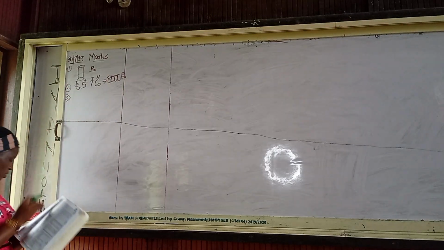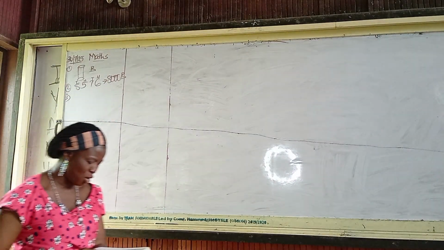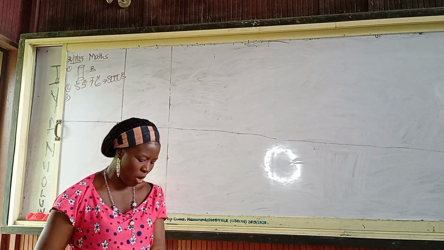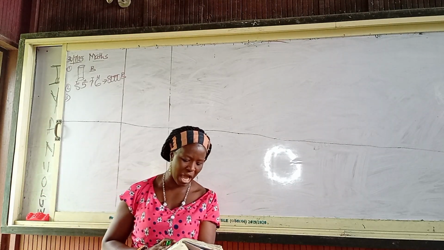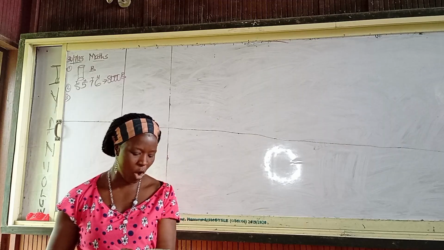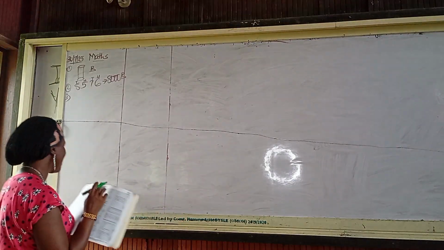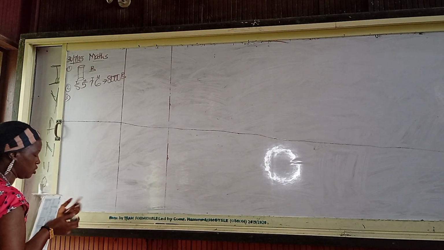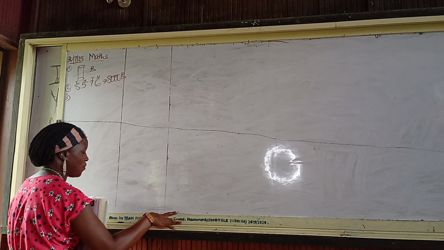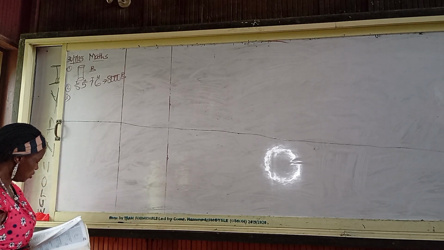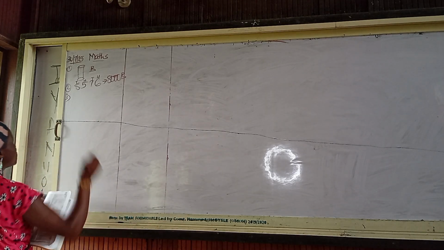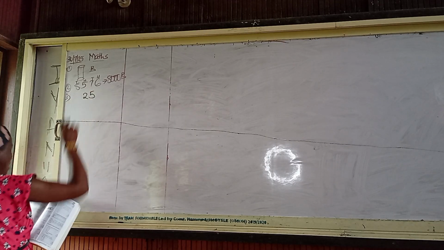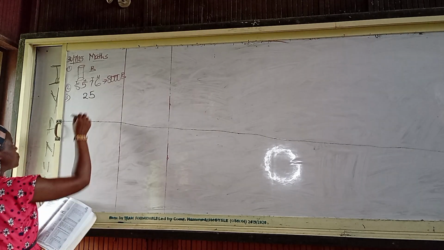Number 3, if 25 plus 145 plus 1000 plus 2005 is n, what is n? So what we have to do there is add all those numbers together, and it will give us the total number. So the first one is 25. We have 145.